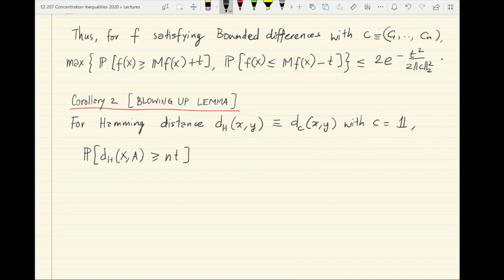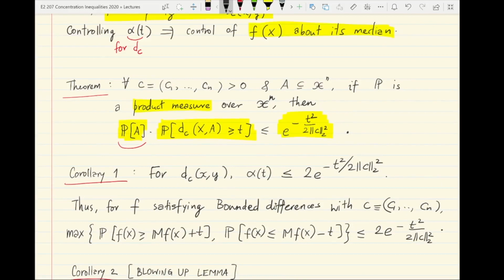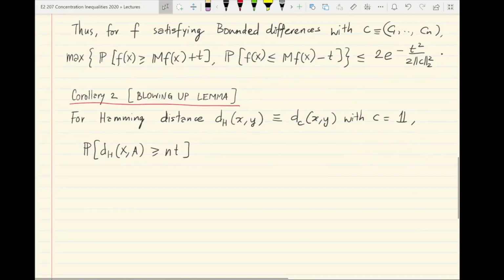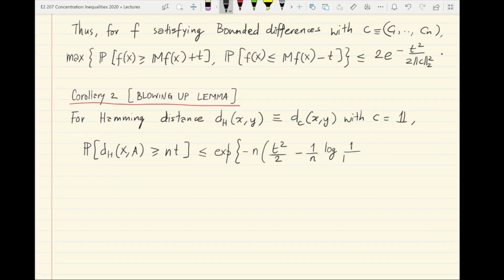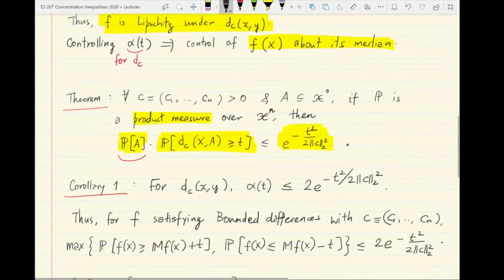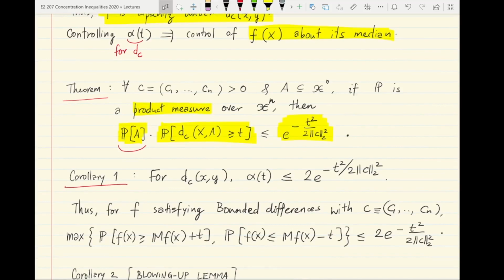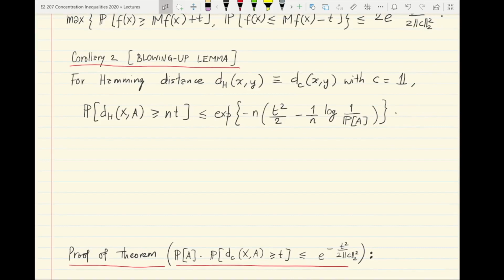So we move the probability of A all the way to the other end and then take exponent and log to get the following: e raised to minus n t square by 2 minus 1 over n log 1 by the probability of A. Okay, so the blowing up lemma is basically a corollary of this theorem when you specialize to the specific dc function where all the coefficients are the same.